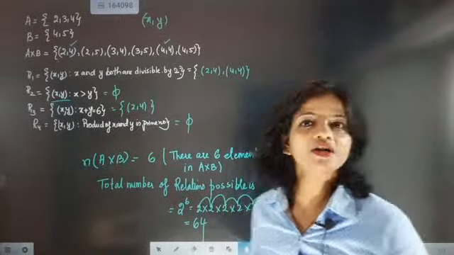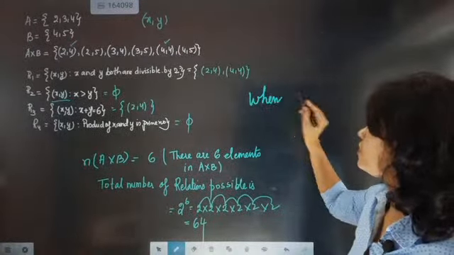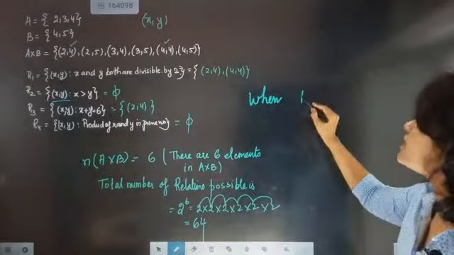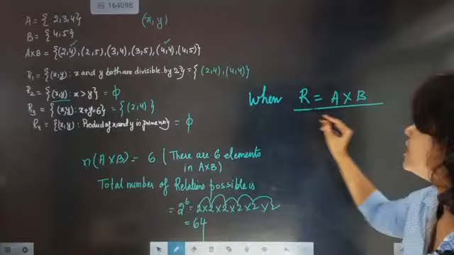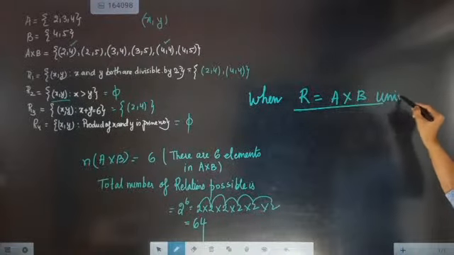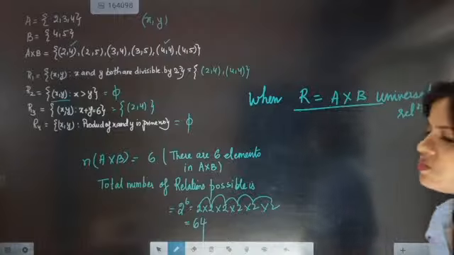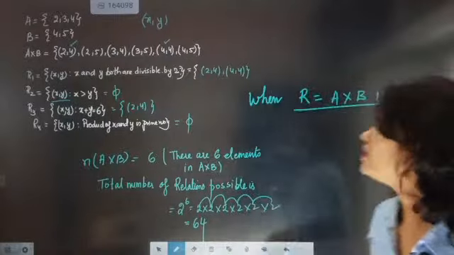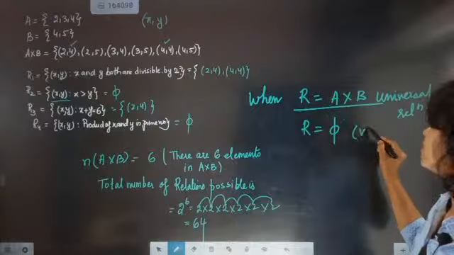Universal relation means when the relation itself becomes equal to the Cartesian product A cross B. And what is the void relation? Void relation is when R is equal to 5, the empty relation or void relation.